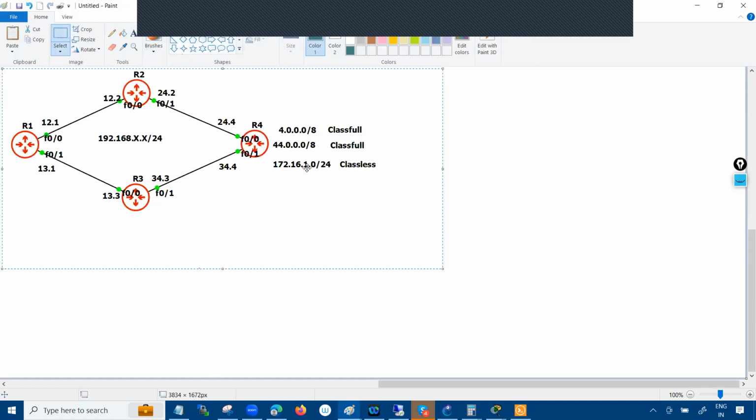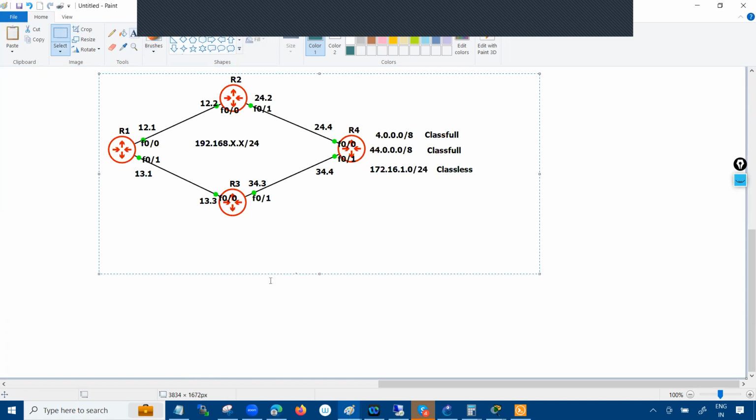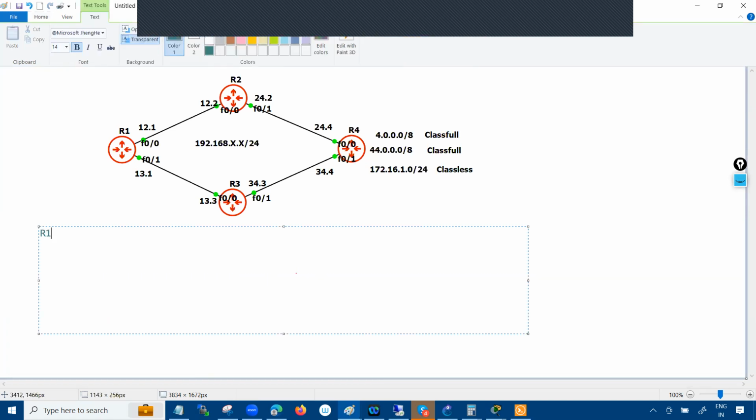What I want, so I'll put the thing over there. I want router 1, for the 4.0.0.0, to go by router 3, right? And for the 44.0.0, this goes by router 2. This is the thing that I want to achieve.